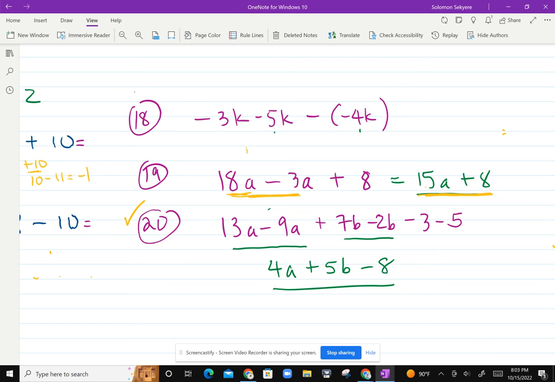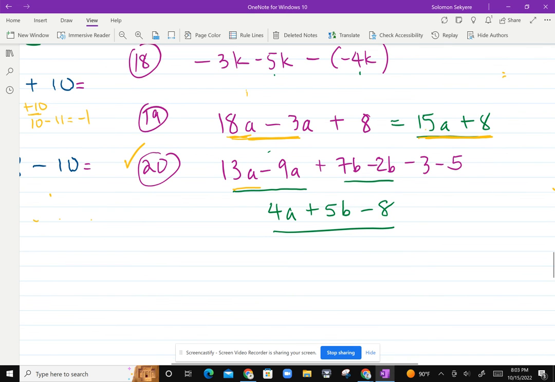Okay, what about number 20? 13a minus 9a plus 7b minus 2b minus 3 minus 5. Let's do that. These two, the ones with the letter a, we call them like terms. So we do that one. It's like 4 apples. And then this will be 5 bananas minus 8.